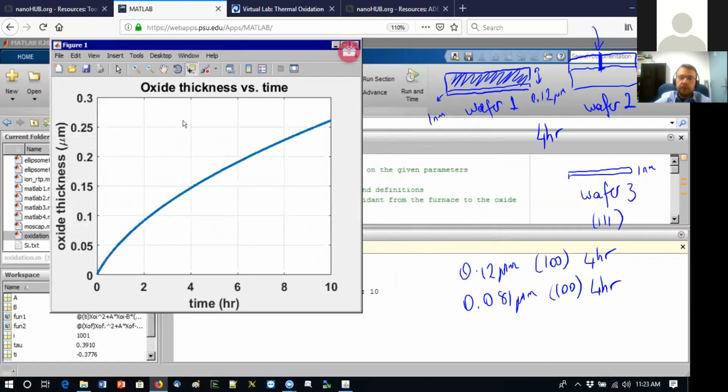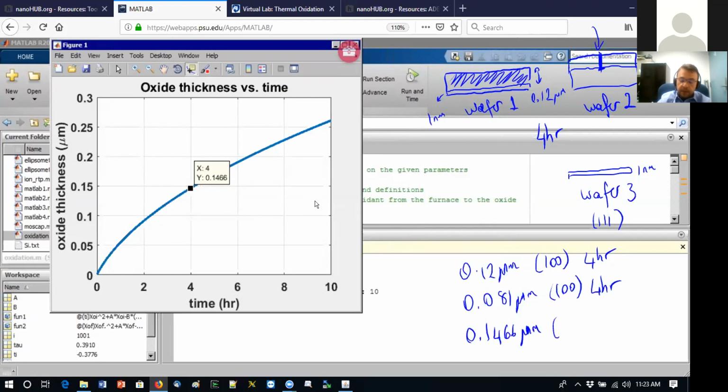What do we expect? We expect a thicker film. Again, doing the same, going to the data cursor, putting it on the plot. I somehow magically put it right at the bullseye so it gave me the result. How much did I grow? 0.1466 micrometers.